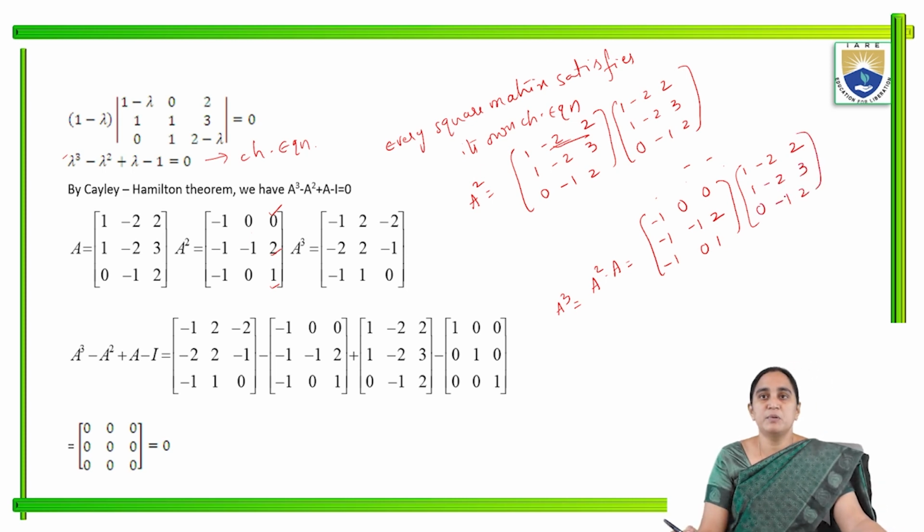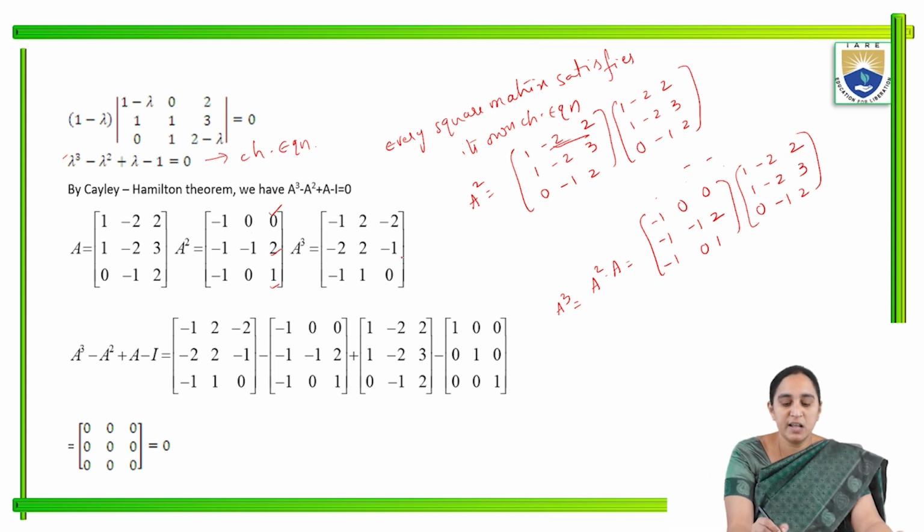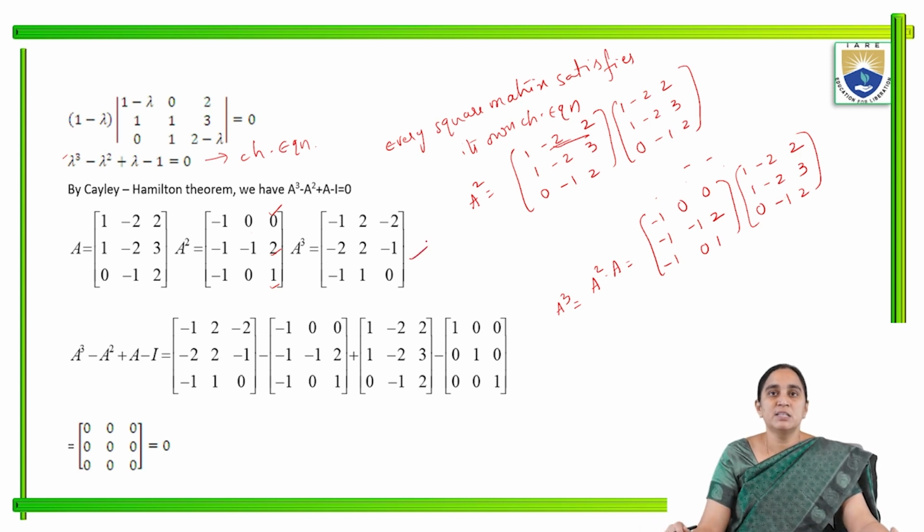Again multiply the two. From that we get A cube directly: [-1 2 -2, -2 2 -1, -1 1 0]. Or else directly from the calculator we also get the same values for the A square matrix and the A cube matrix.